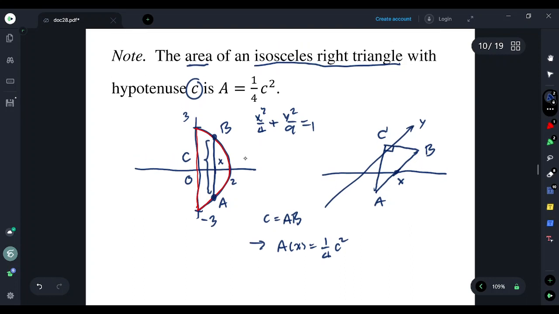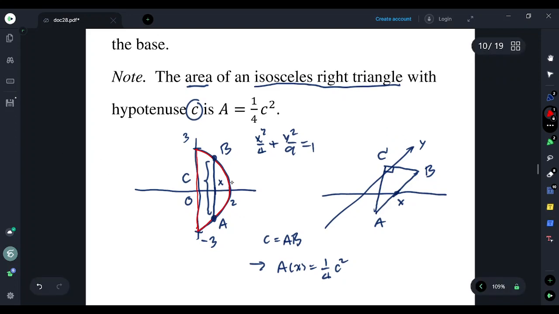So we're going to look at the point A and the point B. A and B are on the equation x squared over 4 plus y squared over 9 equal to 1. So we have x with y positive for B and x with y negative for A. For y positive, you're going to be able to calculate y from 9 times 1 minus x squared over 4, and then take the positive square root, right?